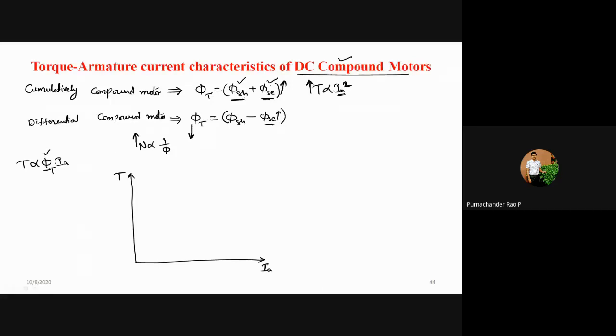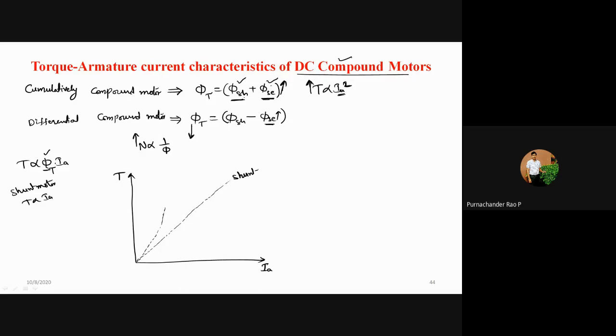The characteristics look like a shunt motor. So let us assume this is the characteristics of a shunt motor, because this is the torque for the shunt motor. Torque is proportional to Ia only, so it is just a linear relationship. And this is the characteristics of the series motor.